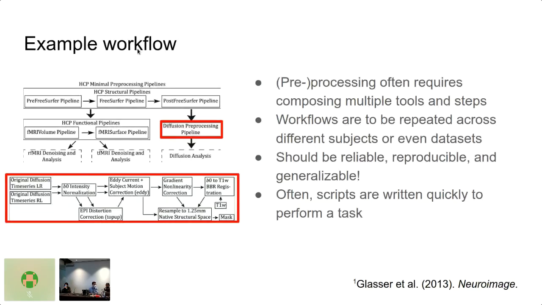I won't go through it in detail, but the point is that you've got a number of tools that you want to apply in a specific order that might be different depending on the circumstances of the input data you're using. And so using Snakebids or a tool like it will help you manage this and reproduce it in a generalizable way that can work on more than one specific data set.